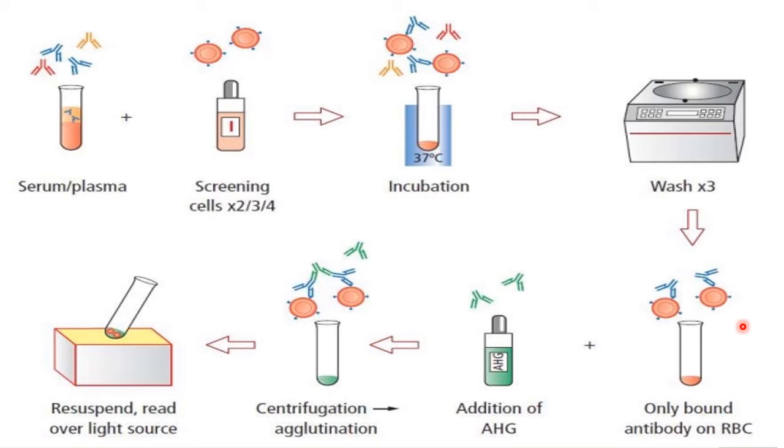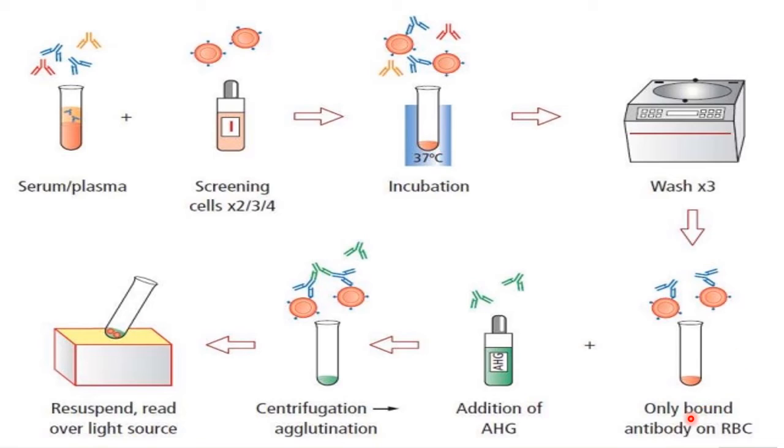By doing this, any unbound antibodies are removed. You get the supernatant and sediment RBCs again, and we want only the sediment RBCs. The supernatant is discarded. Again you add saline, mix, centrifuge and discard the supernatant. By washing like this, you get only the sediment.